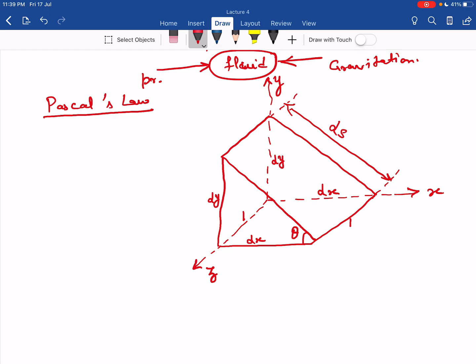Okay. Now this wedge-shaped element is made from some fluid and it experiences two forces when it is under static condition. One is the pressure force and the second one is the force due to gravity, that is the weight of this element. Okay. So now we find out the magnitude of those forces.